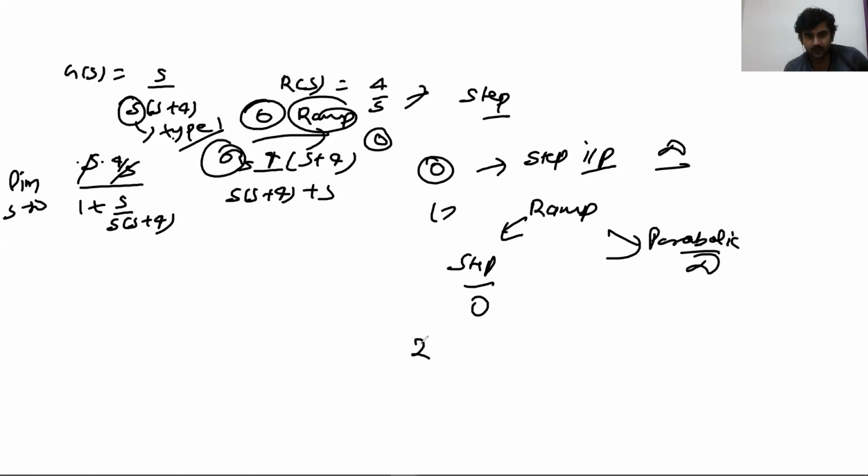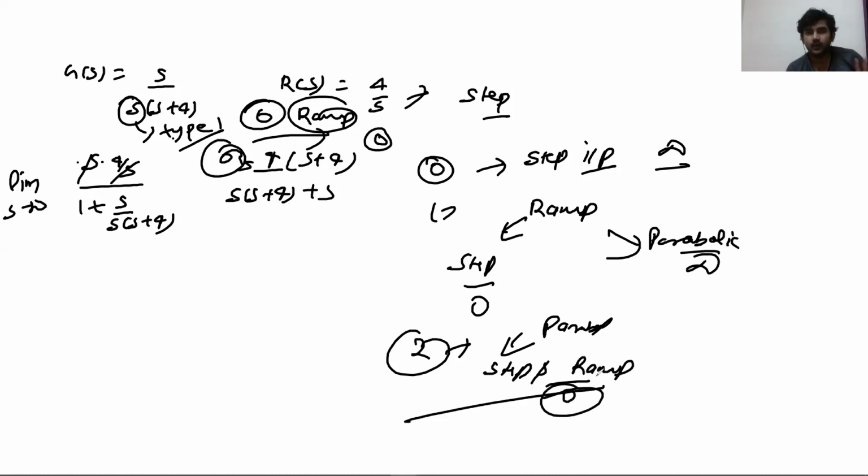If the type is 2, only parabolic error will be there, and lower than it are step and ramp, both errors will be 0. So this is the trick to remember it. Just check the type of the system. If there is a lower input to that system, the error will be 0. And if there is a higher input to that system, the error will be infinite. Okay. So this is the basic concept.